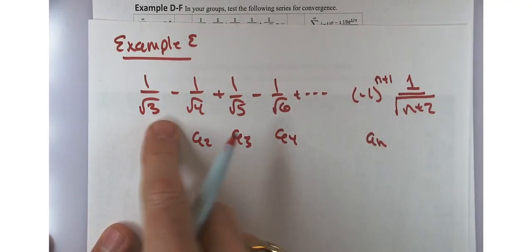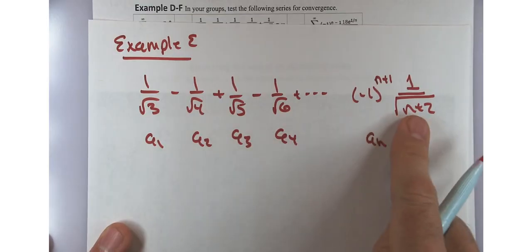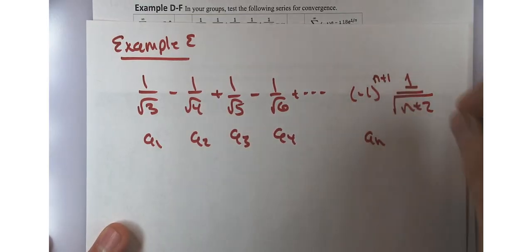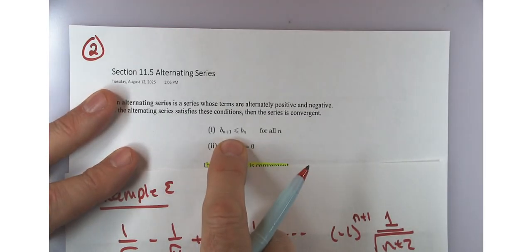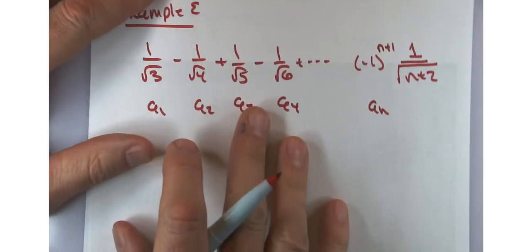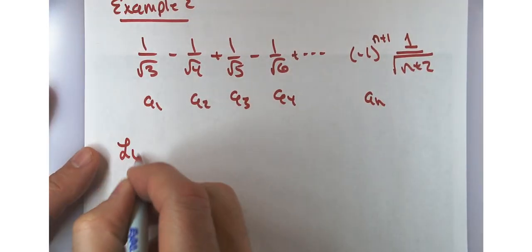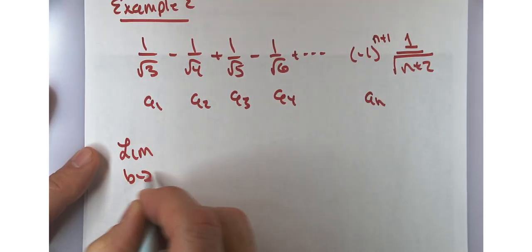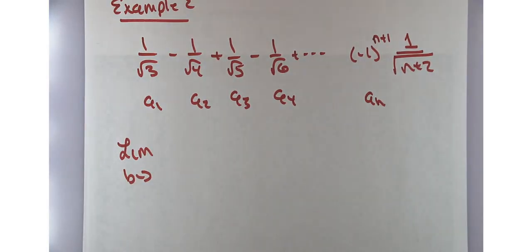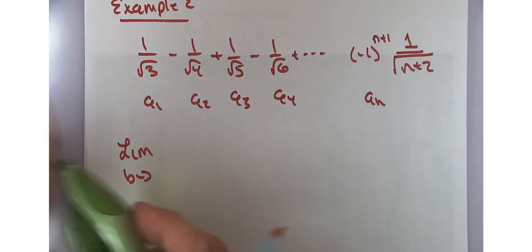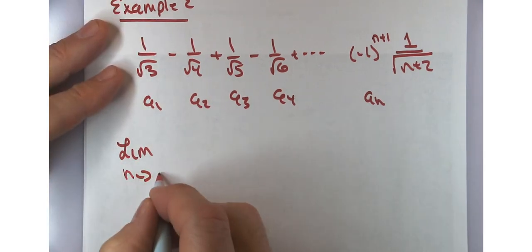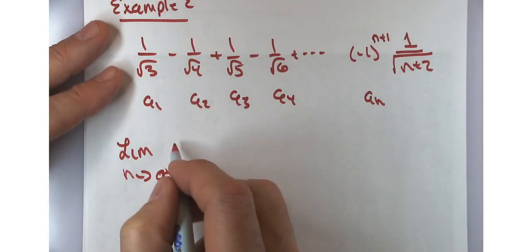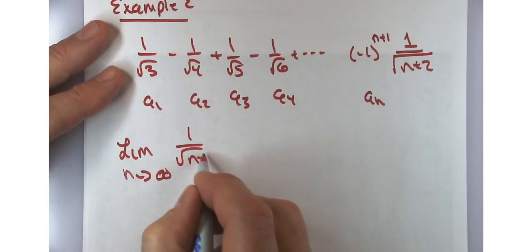Now in this one, it's pretty clear that as you increase the n, this ratio is going to get smaller. So we got this first part just by looking at it. But the second part, let's take a look at that. So the limit as n approaches infinity of 1 over square root of n plus 2.